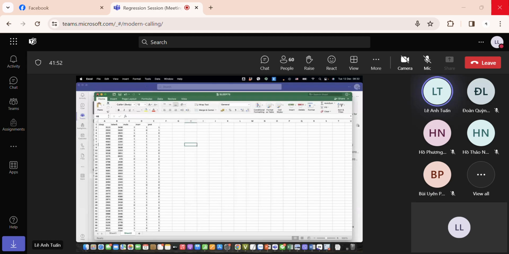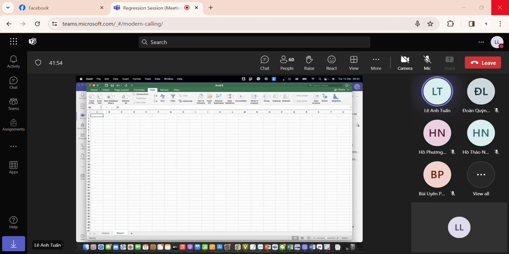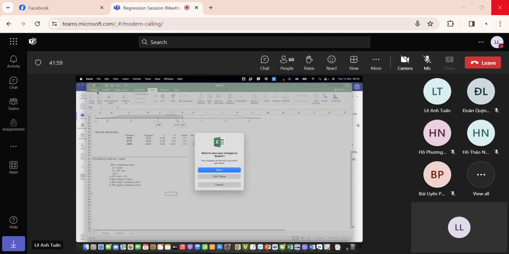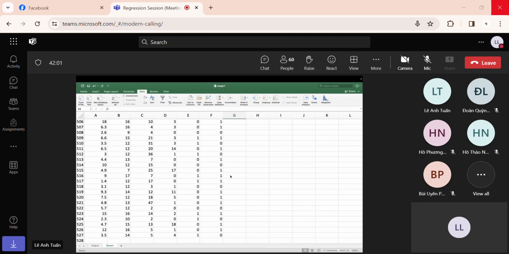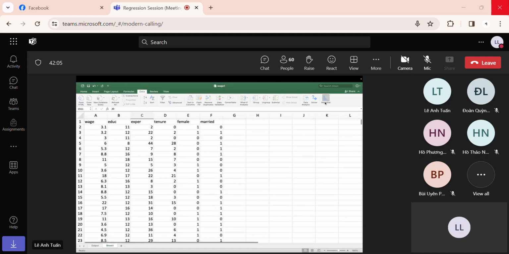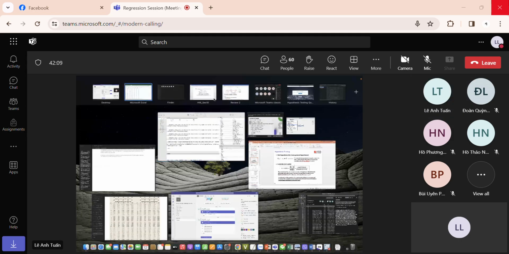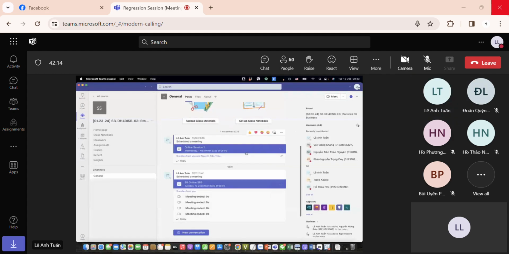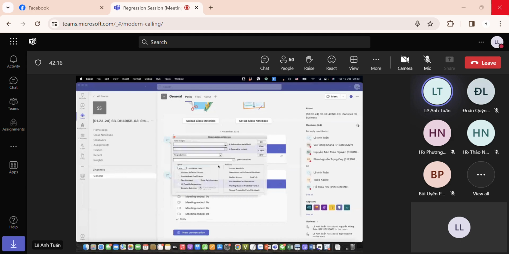Okay, I will close this file. MegaStat, regression.